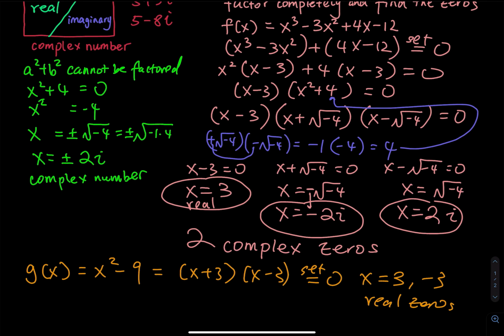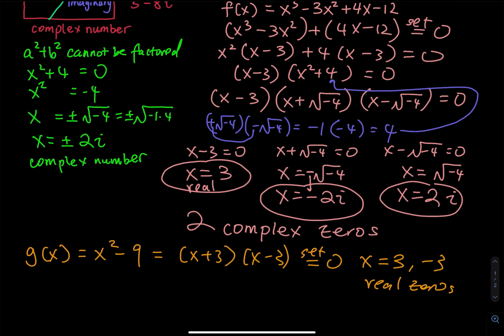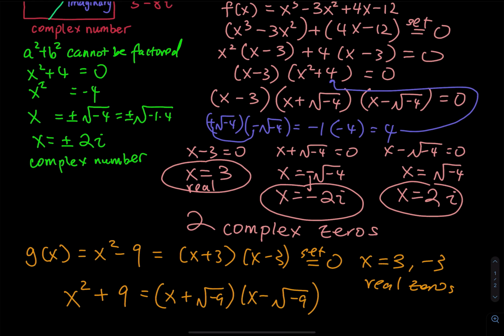But when you change the x squared minus 9 to a plus, so when you change this to x squared plus 9, you have to do x plus the square root of negative 9, and then x minus the square root of negative 9.